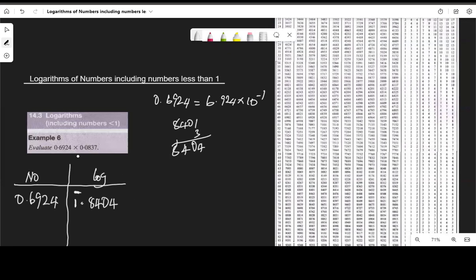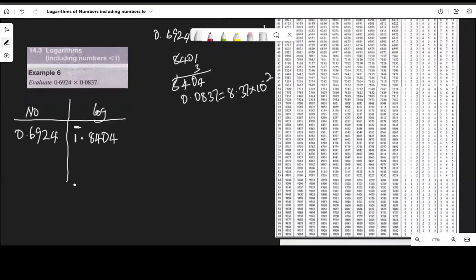Now for the second number, 0.0837, expressing that in standard form, that is 8.37 times 10 to the power of -2. So the characteristic of that number, let me write the number here first, 0.0837.